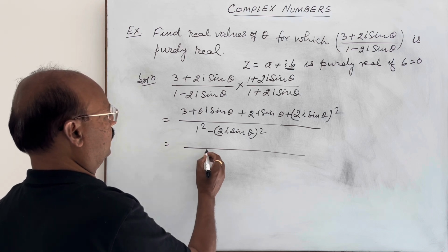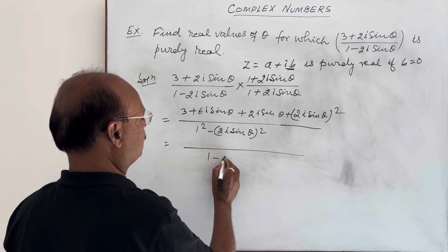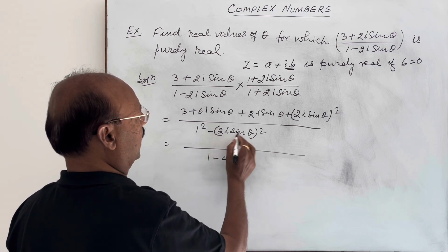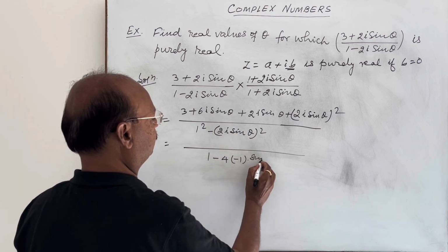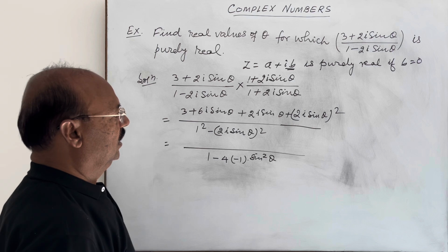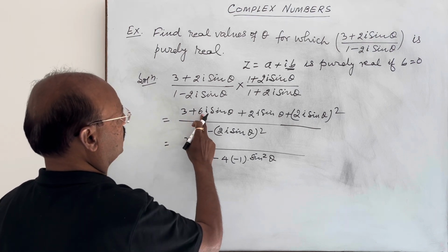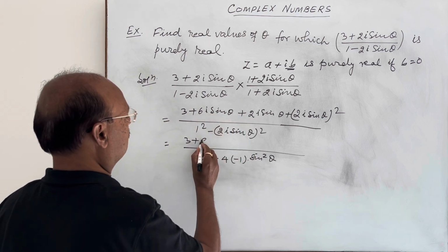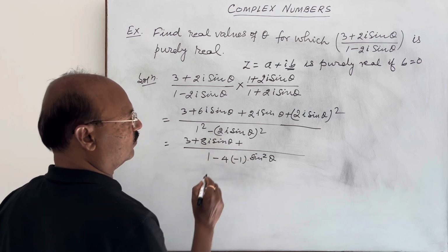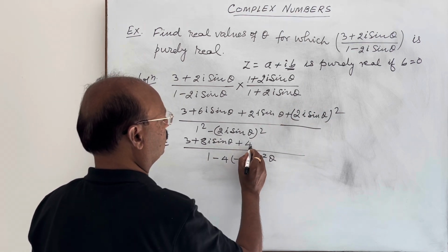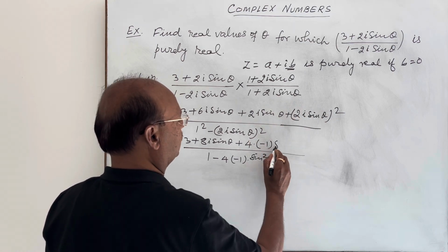In the denominator, 1 square is 1, and minus 2 square is 4, into i square is minus 1, into sin square theta. In the numerator, 6i sin theta plus 2i sin theta is 8i sin theta, and plus 2 square is 4, into i square is minus 1, into sin square theta.